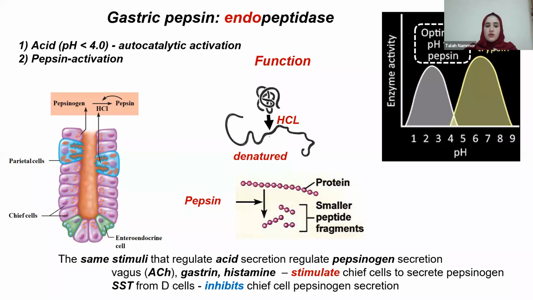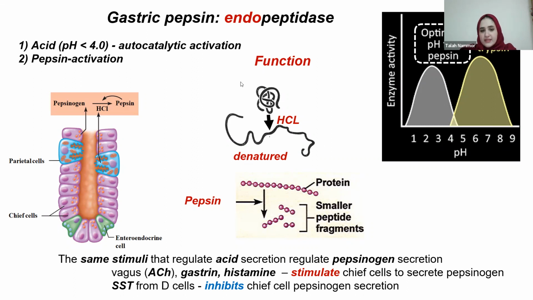Pepsinogen comes from the chief cells. The chief cells release the pepsinogen, it will go up, meet HCl, and form pepsin. Pepsin is the active form of pepsinogen, and it will work on the protein and break it down into smaller fragments.